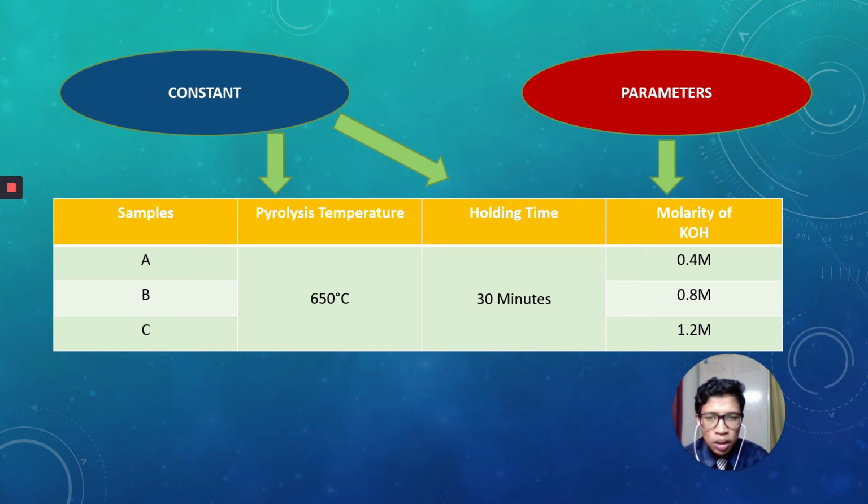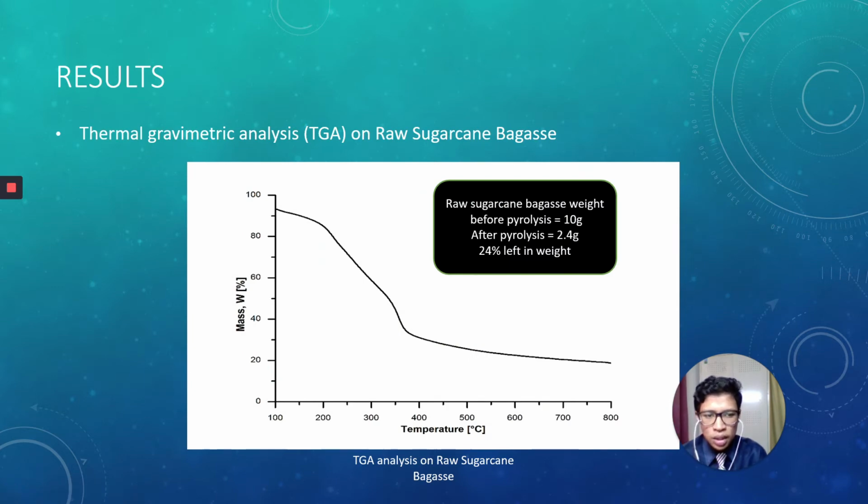The different parameter of the samples is the molarity of the KOH, which is the activating agent. We use a different molarity for each sample. We use 0.4 molarity, 0.8 and 1.2 molarity. Okay, next is the result.